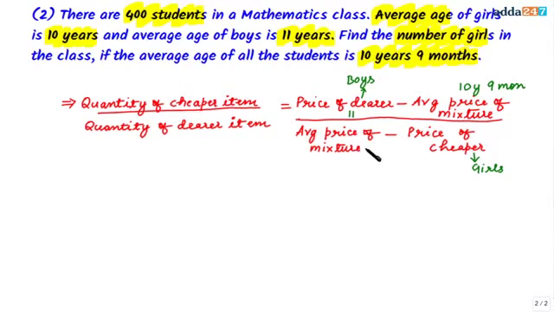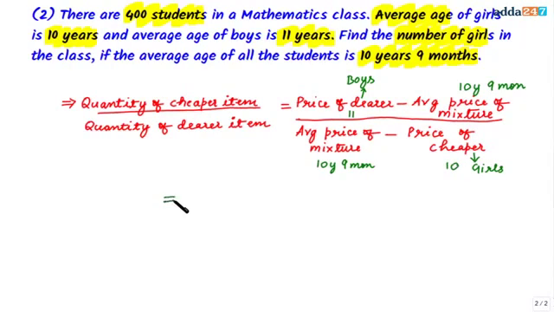Once again, average price of the mixture, that is the average age of the group, 10 years and 9 months, minus price of the cheaper variety, that means the average age of girls, which is given to be 10 years here. So this will be 10.